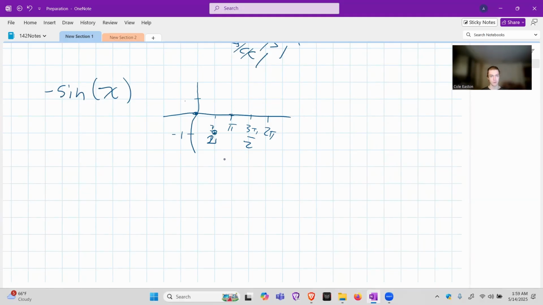Sine of pi is 0, negative of that is 0. Sine of 3 pi over 2 is -1, negative of that is +1. And 2 pi gives us 0. So we get a graph that looks like this. All right, and as should make sense, we're just flipping this graph over the x-axis, because every y value just becomes its own negative.